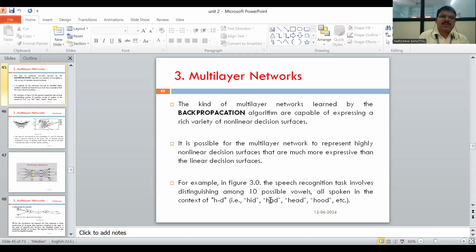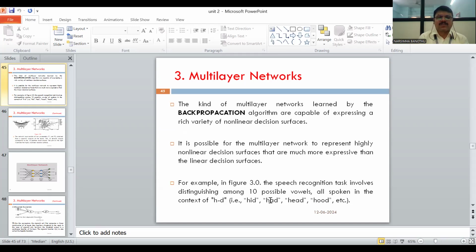So coming to multi-layer networks, the kind of multi-layer network learned by the backpropagation algorithm is capable of expressing a rich variety of non-linear decision surfaces. It is possible for the multi-layer network to represent highly non-linear decision surfaces that are much more expressive than linear decision surfaces.